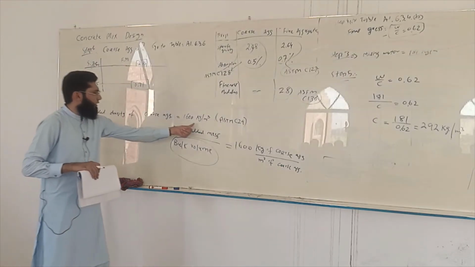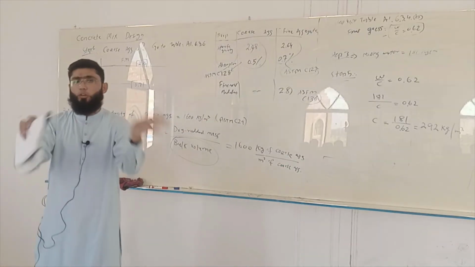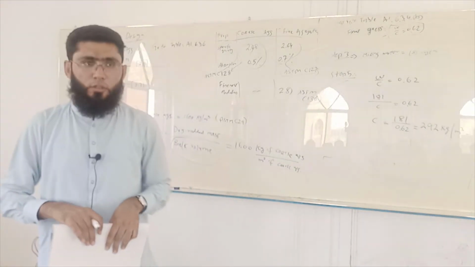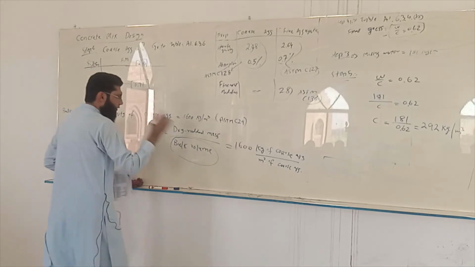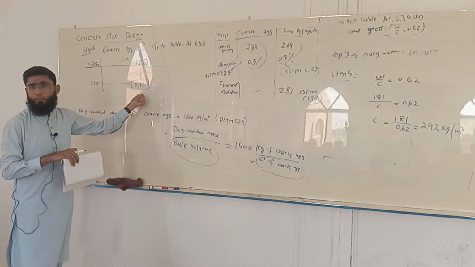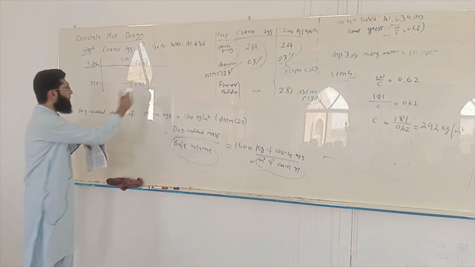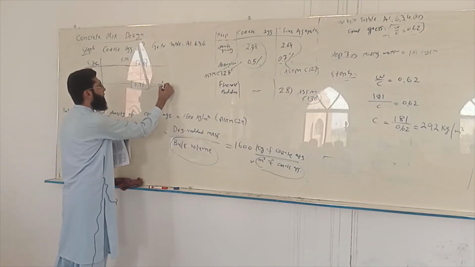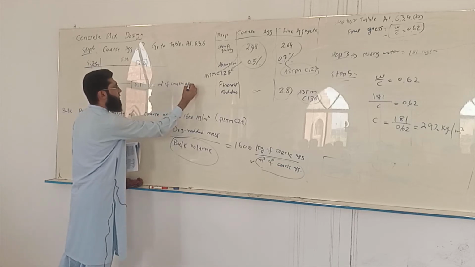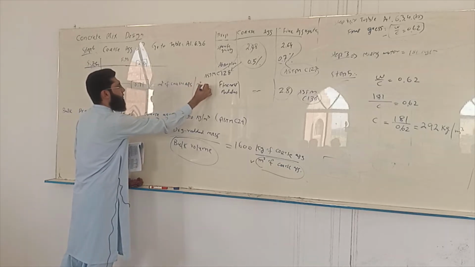This is the density you expect in the actual concrete. That's why you use the rodded density. Now, you know this term, 0.71 meter cube. Let me make it clear. This was meter cube of coarse aggregate per meter cube of concrete.